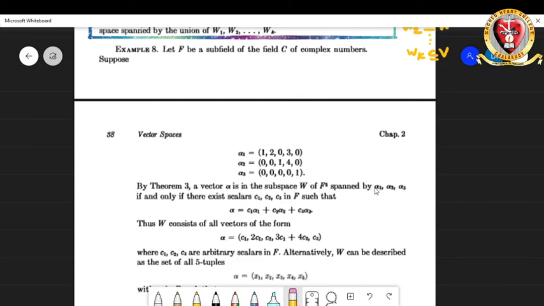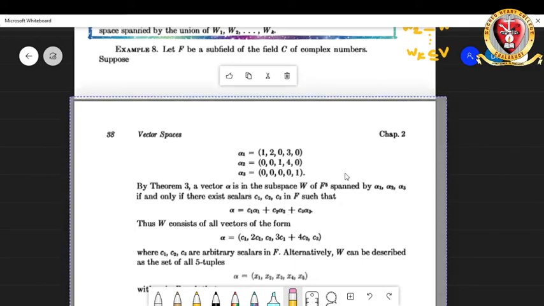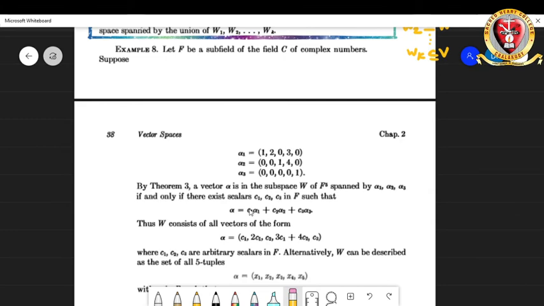What we are going to do is develop a subspace W of F5, which is spanned by the three vectors we have taken here. Remember the word span. If alpha is a general element inside that span, alpha is equal to a scalar multiplied by alpha 1 plus a scalar multiplied by alpha 2 plus a scalar multiplied by alpha 3.